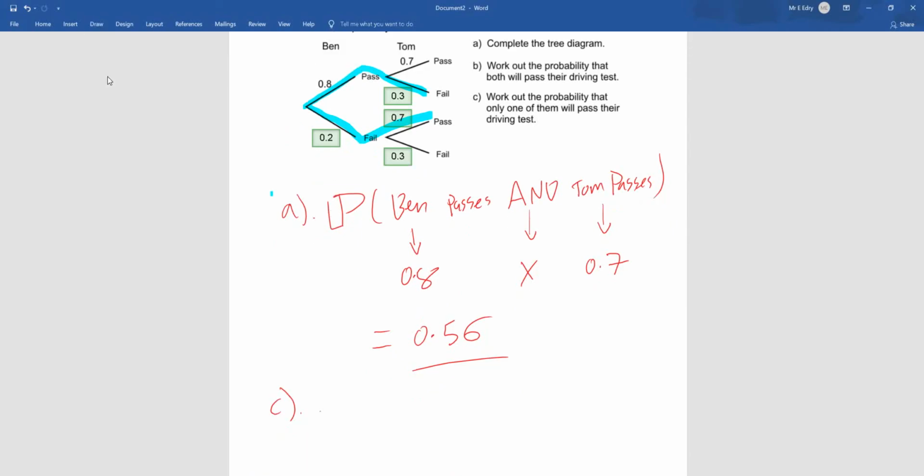So we say probability of Ben, so I'll use B for Ben passing and Tom failing, or Ben fails and Tom passes.